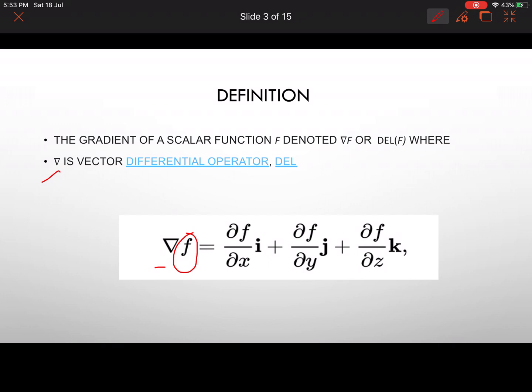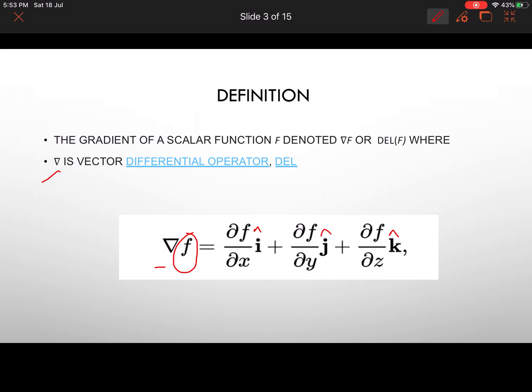Then del f equals dou f by dou x into i bar plus dou f by dou y into j bar plus dou f by dou z into k bar. Here, as it is difficult to put the caps over the heads of i, j, k, in textbooks and PPTs, we generally take bold letters to denote that i, j, k are vectors.